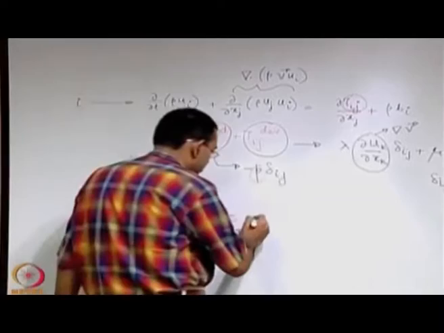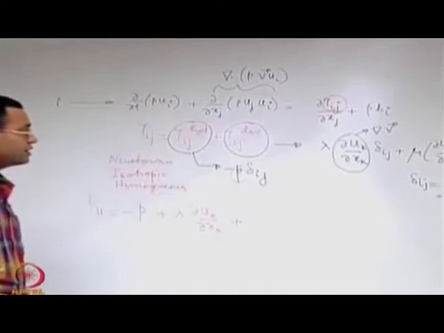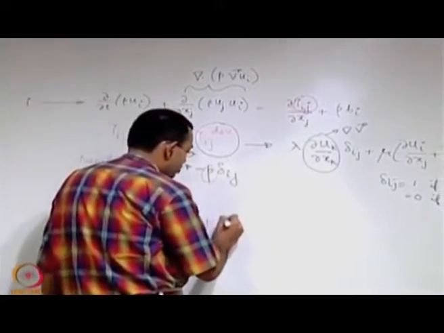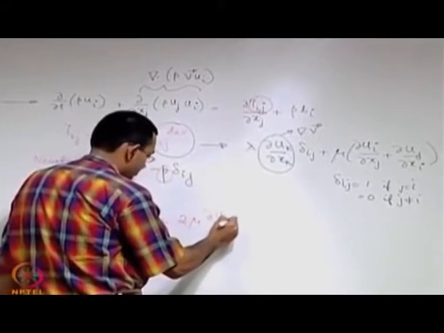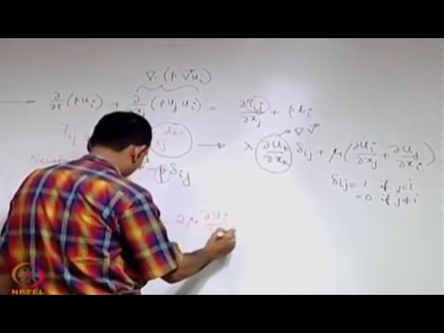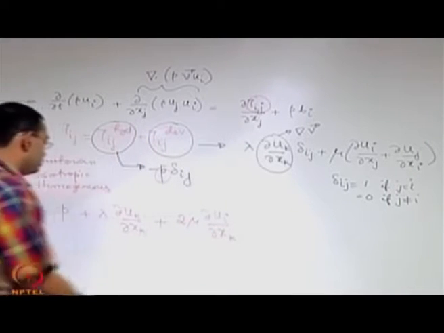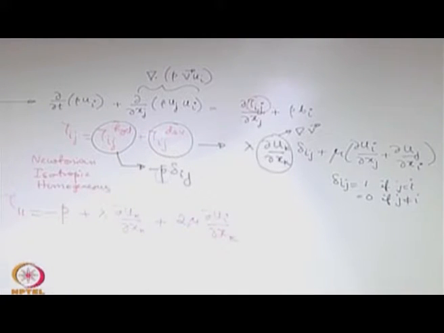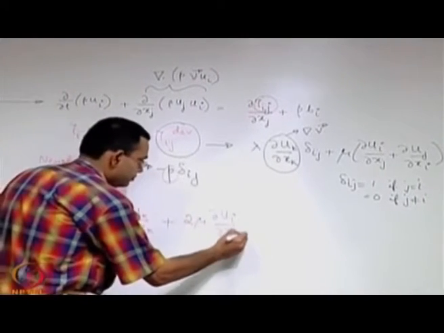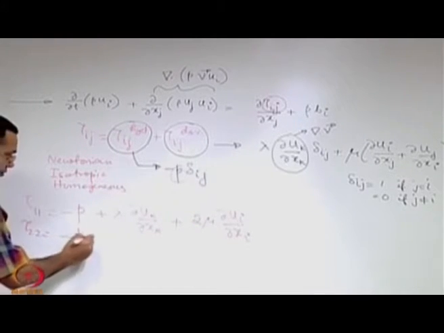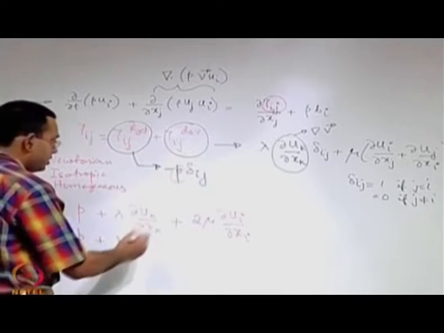And then plus 2 mu. Similarly, you can write tau 22: minus P plus lambda, the same thing.